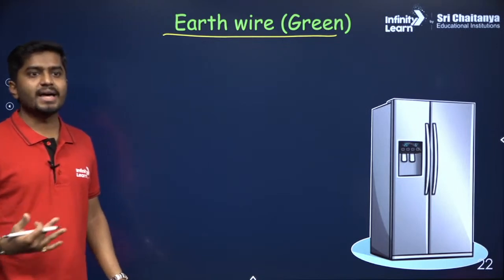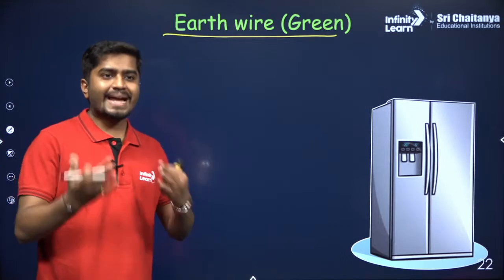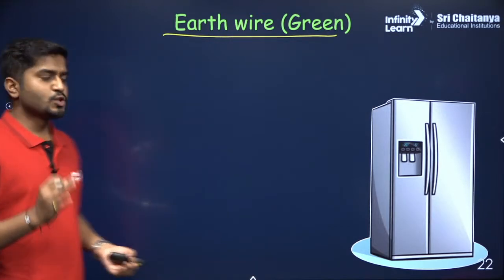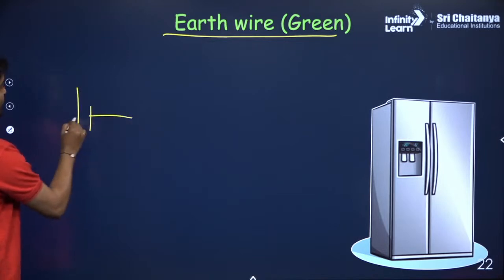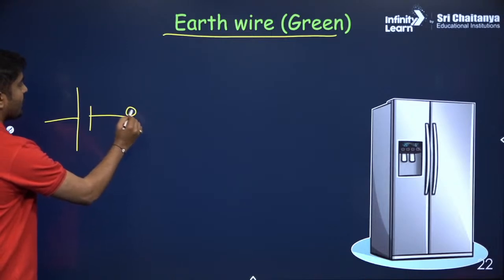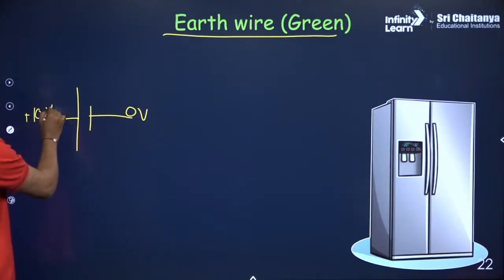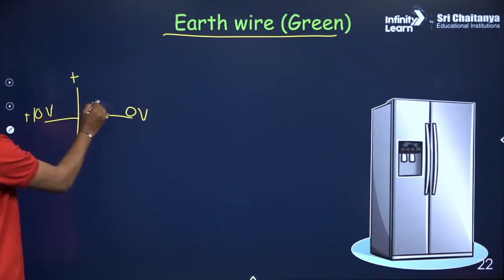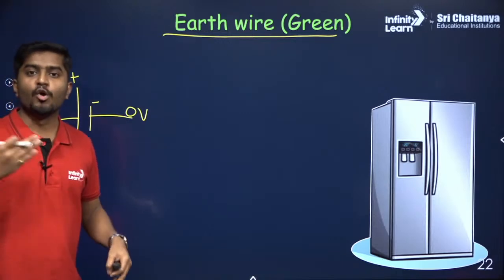So what is earth wire? Neutral wire is negative. Negative is just a symbol. Let's suppose you have a battery, for example. If this one is at 0 volt and this one is at, let's say, plus 10 volt, we still say this is positive and this is negative, right? Negative just means it is at a lower potential.